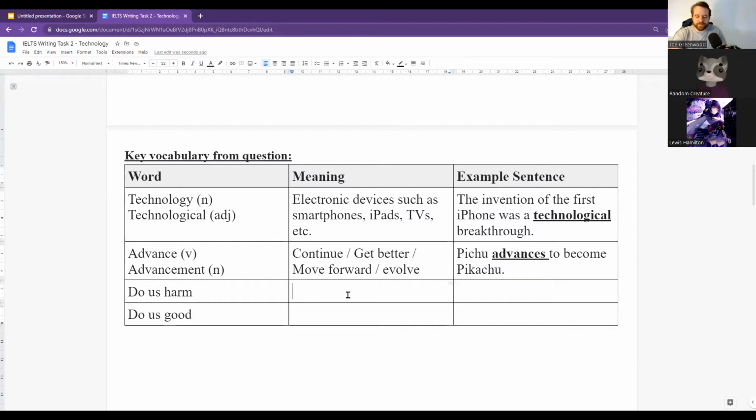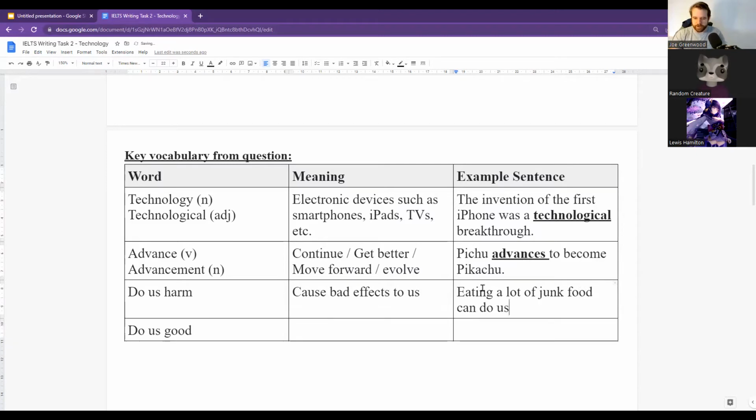But when we say smartphones do us harm, we don't mean they cause pain to us. They do bad things to us. Yeah, exactly. Cause bad effects or results to us. So, for example, eating a lot of junk food can do us harm, right?